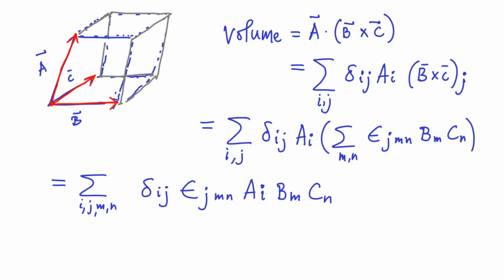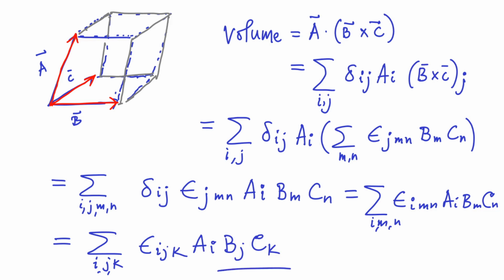Now we have seen the Kronecker delta is an object which is 0 if i is not equal to j. So in other words, I can carry out the summation over j, and it is non-zero only when j equals i. So that would mean that this summation can be reduced to summation over i, m, n of epsilon imn times ai bm times cn.